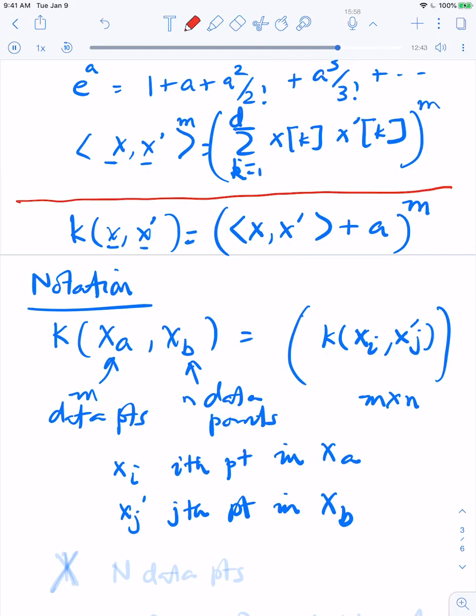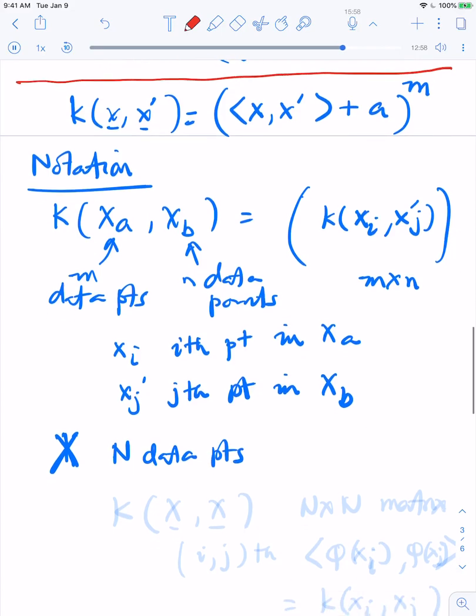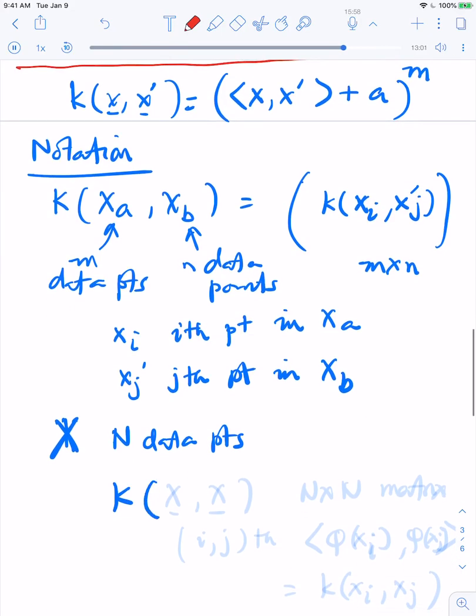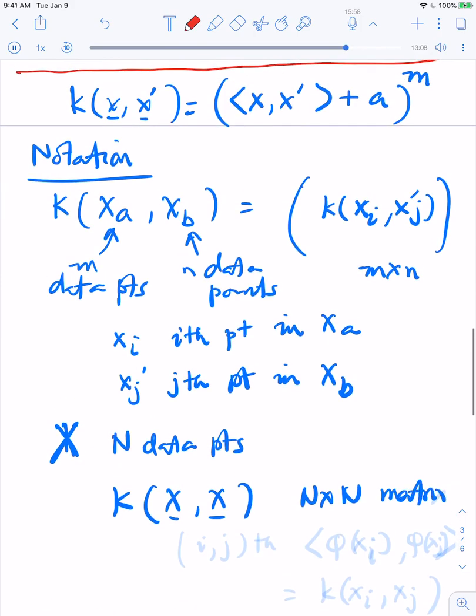So for example, if my training data x has capital N data points, then K(x, x) is an n cross n matrix where the ijth entry is phi(x_i) transpose phi(x_j).